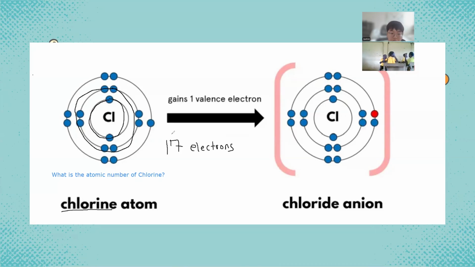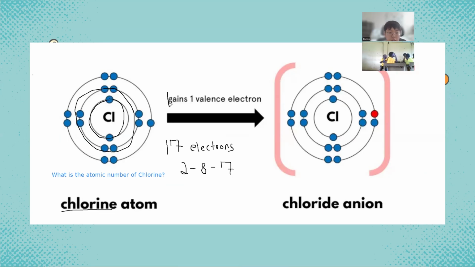So that gives you 10, but the last shell has 7. So it forms a 2, 8, 7 structure. So chlorine is 2, 8, 7, and it wants to make a 2, 8, 8 structure.